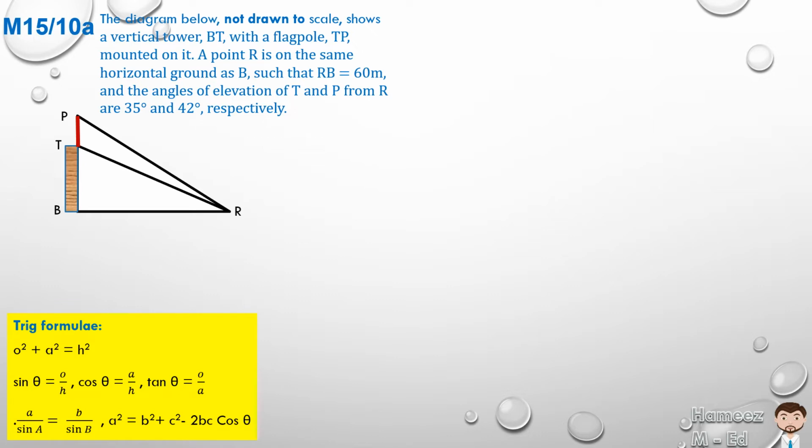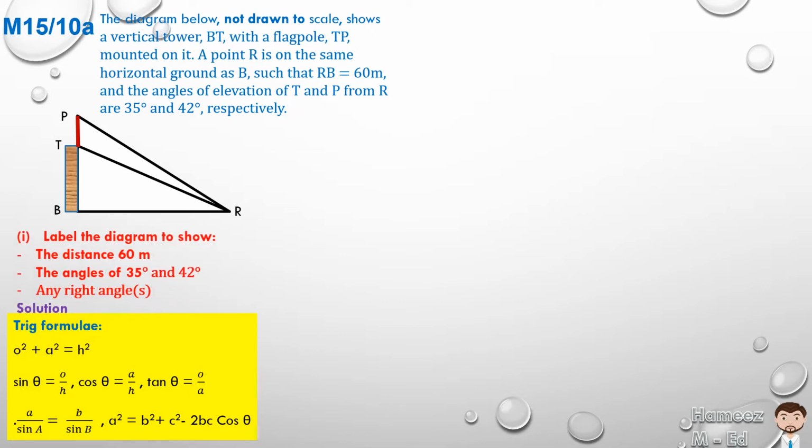A point R is on the same horizontal ground as B, such that RB is equal to 60 meters, and the angles of elevation of T and P from R are 35 degrees and 42 degrees respectively. Part 1. Label the diagram to show the distance 60 meters.